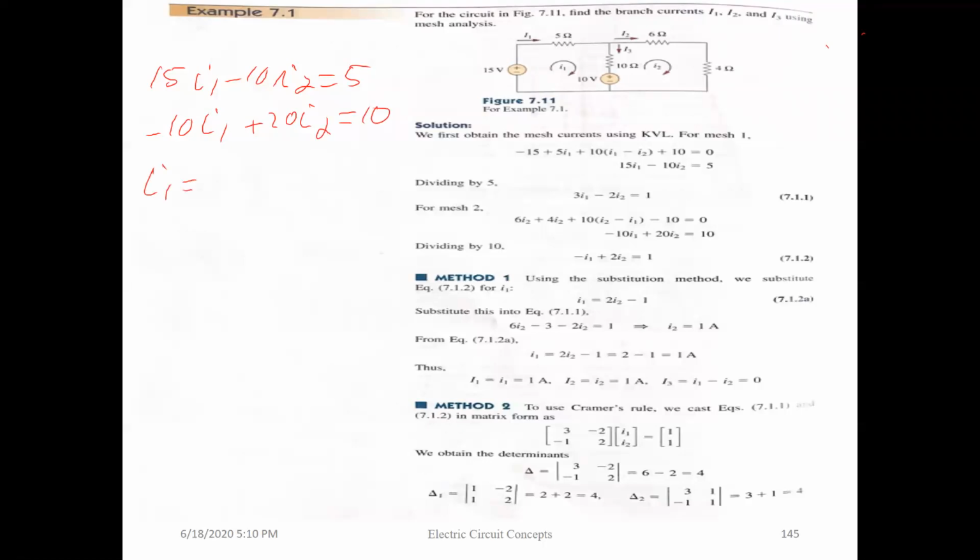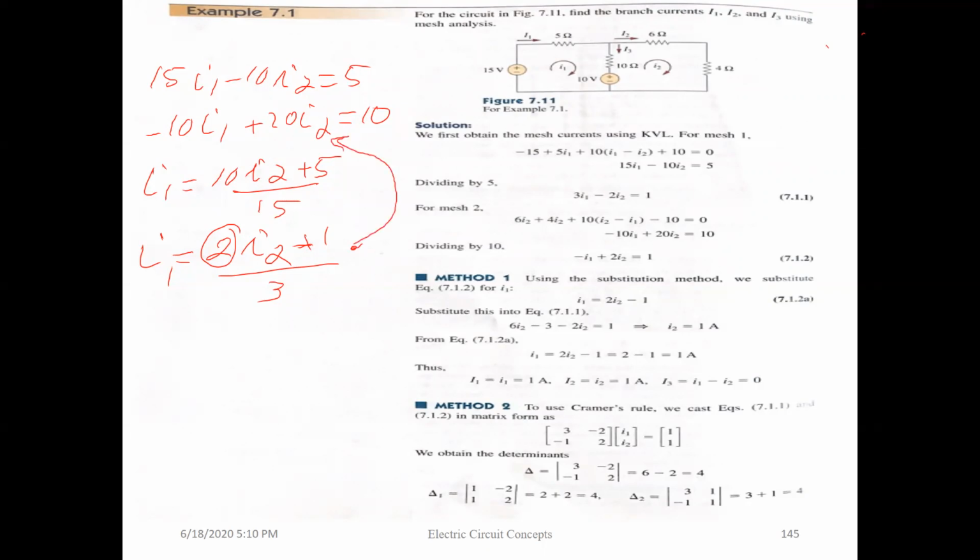So I1 will be (10I2 plus 5) over 15, or it will be 2I2 over 3. I think this is my mistake in the previous solution. Plus, divide by 5 will be 1, and 15 divided by 5 will be 3. Now I need to substitute the I1 into equation number 2.